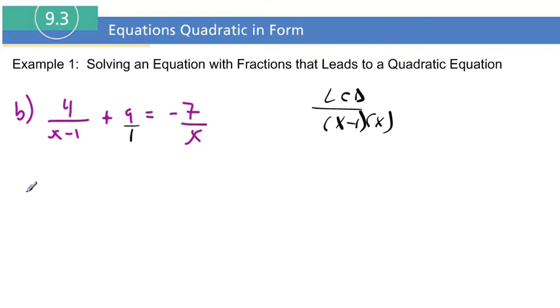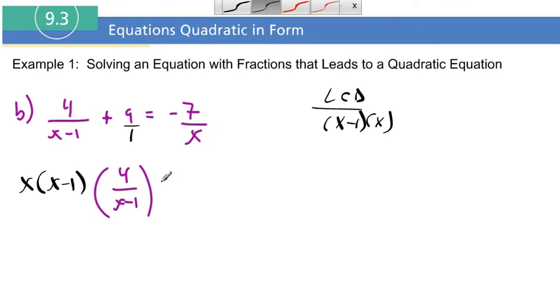All right, so watch how nerdy this gets here. x times x minus 1, and I'm going to multiply that by 4 over x minus 1. I'm changing the colors here to just show you that all I'm doing is multiplying by our LCD.